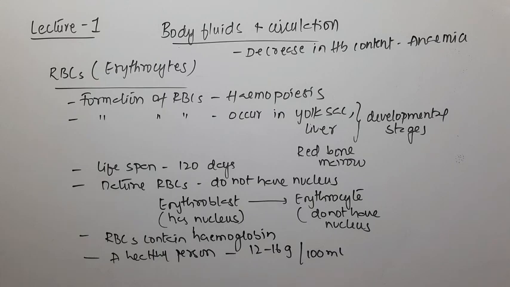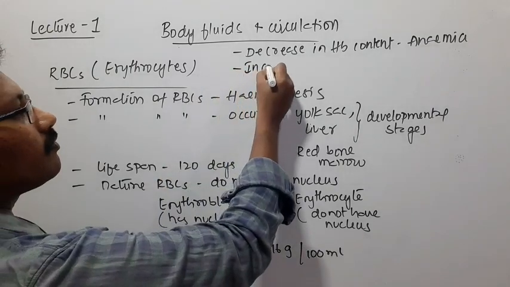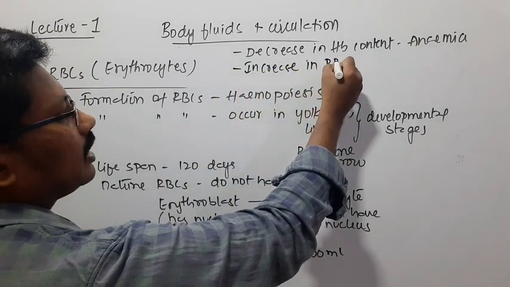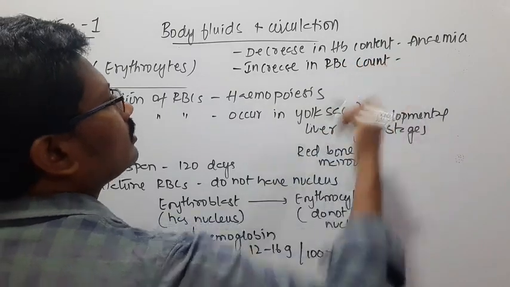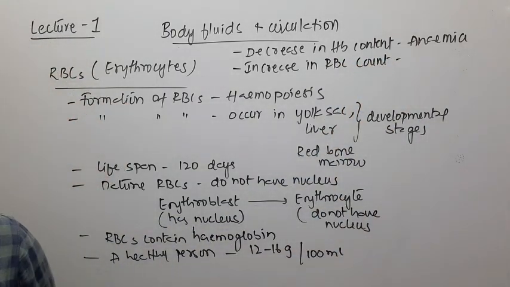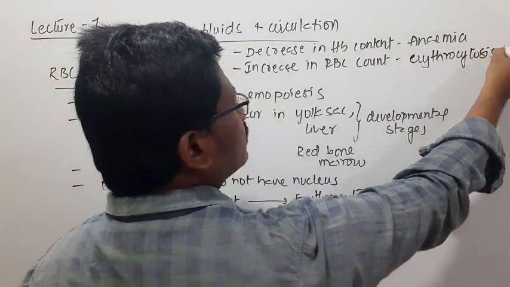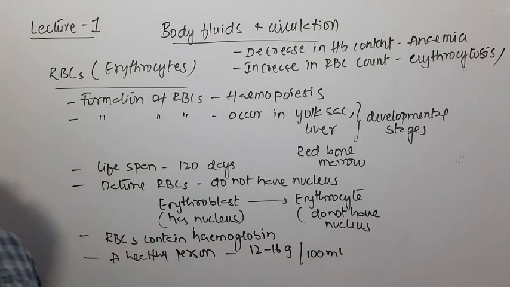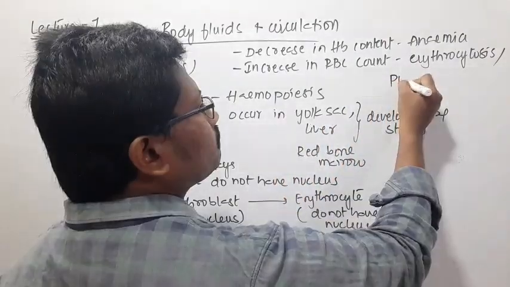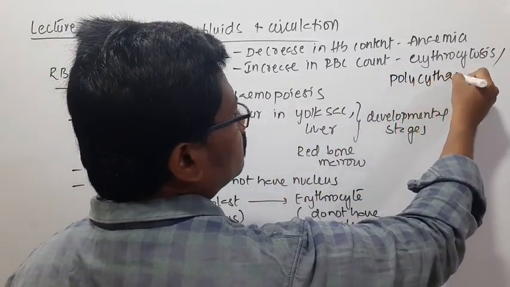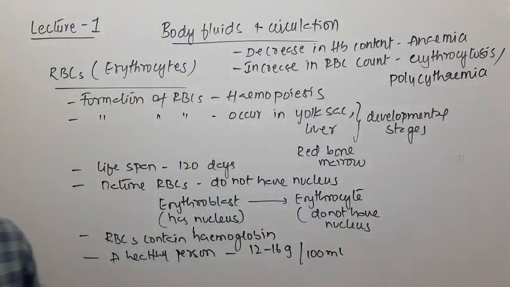Then an increase in RBC count is a condition we call erythrocytosis, or you can also call it polycythemia.